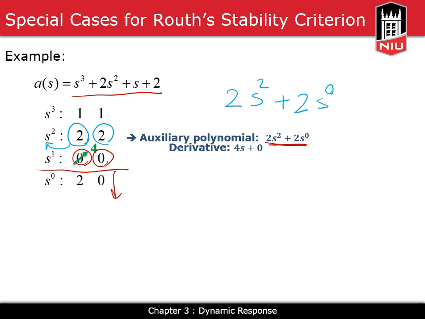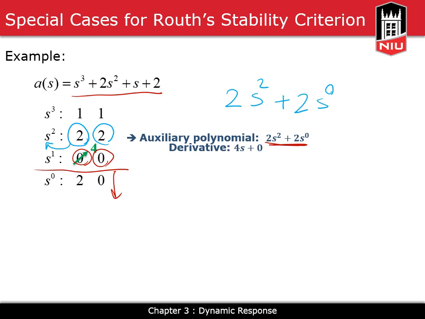So you are going to have to skip one of the powers of s when you're writing your auxiliary polynomial. So 2 times s to the power of 2 plus 2 times s to the power of 0 is the auxiliary polynomial.